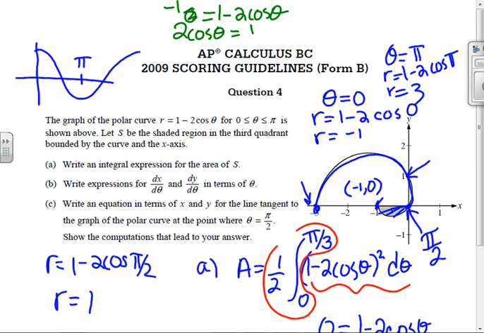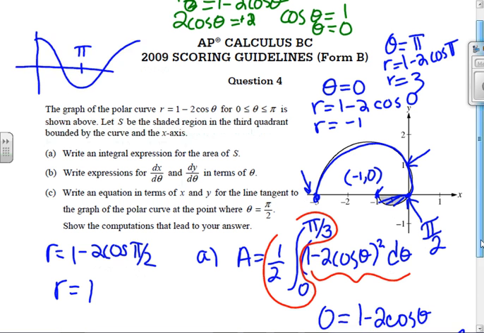So 2 cosine theta is equal to, not -2, but +2. So cosine of theta is equal to 1, so theta would have to be equal to 0. I just did guess and check. Unfortunately, guess and check wasn't going to work for that point, not as easily.